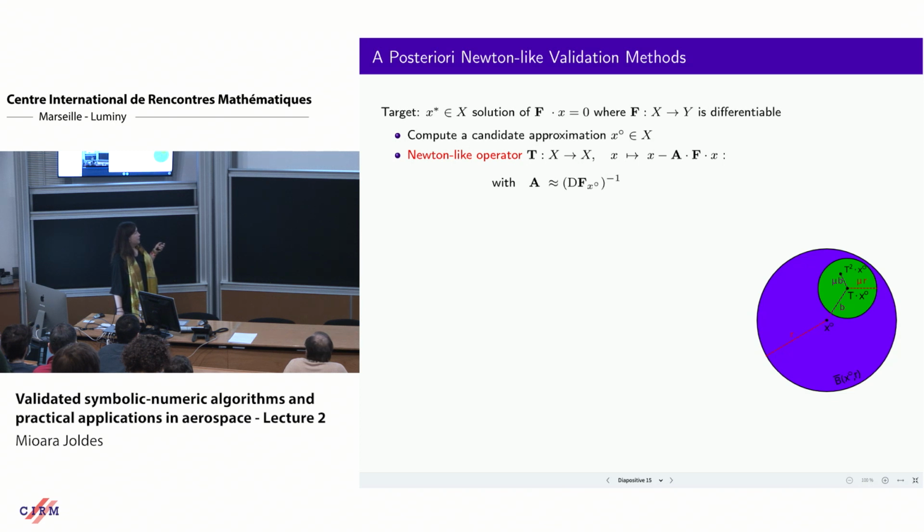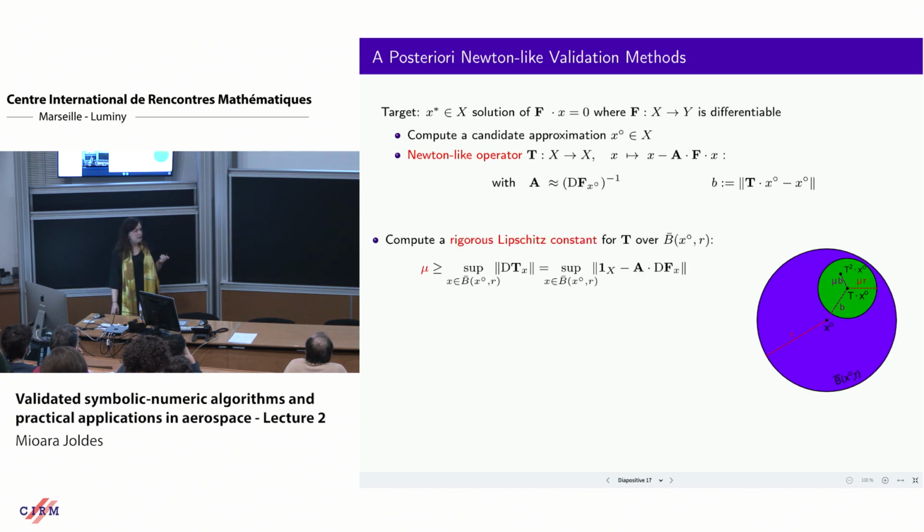So in principle, we are happy to have just some good approximation of the inverse, and then we consider this new map, which becomes now a fixed point map, because zeros of f implies zeros of this, which implies fixed points of this operator T. Okay, so with this construction, we just apply again the Banach fixed point theorem, but with this Newton-like operator.